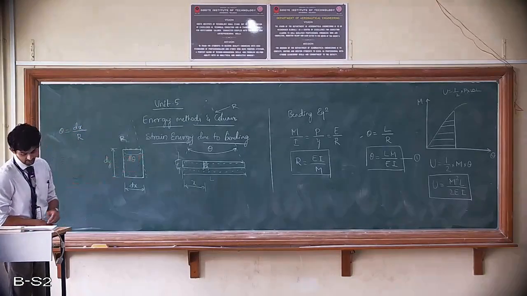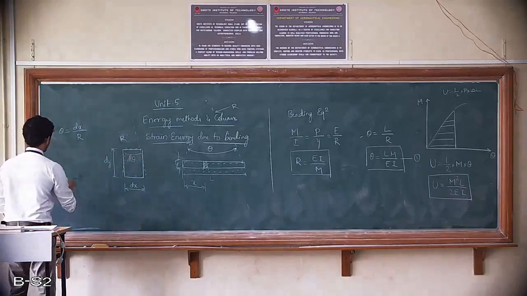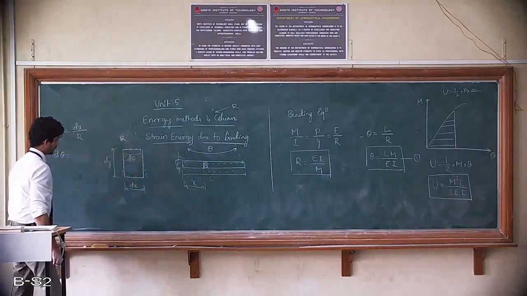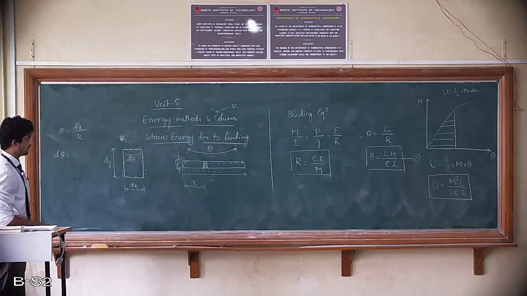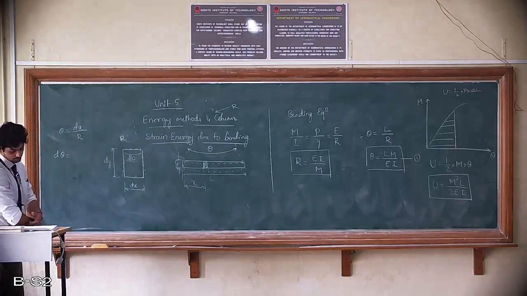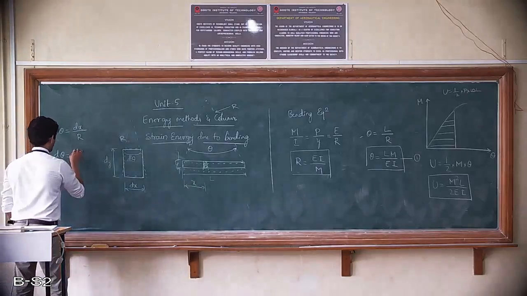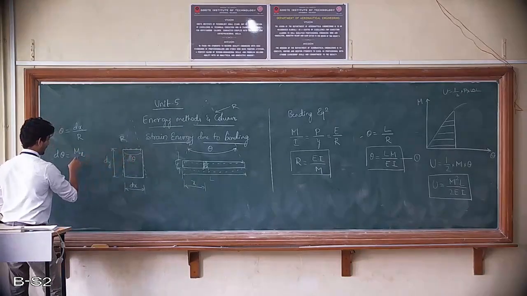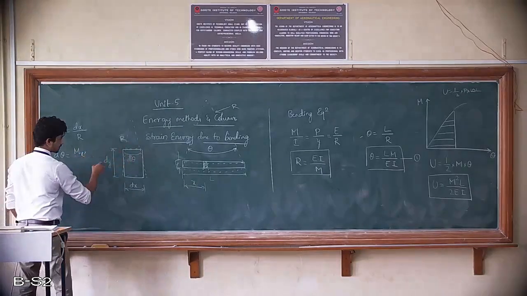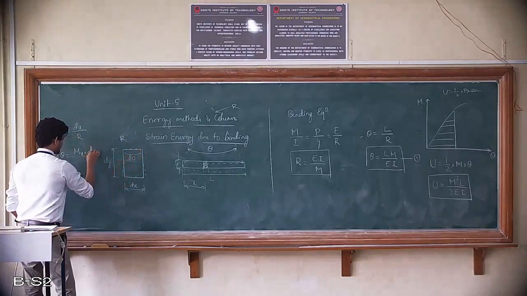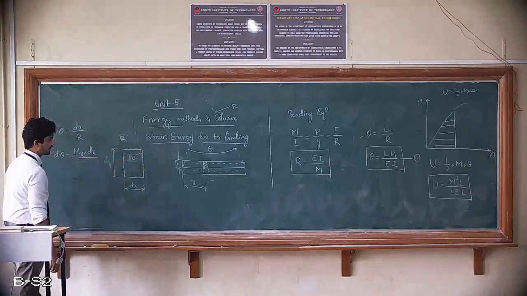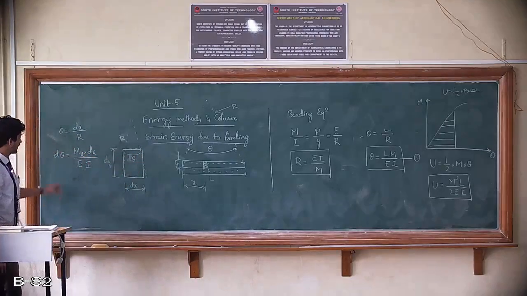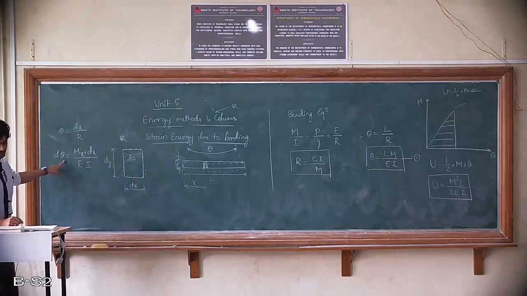From the strain energy equation, for a small elemental angle d theta, it is going to be the moment for that element, mx, times L, which is nothing but dx, divided by E times I. That is going to be d theta.